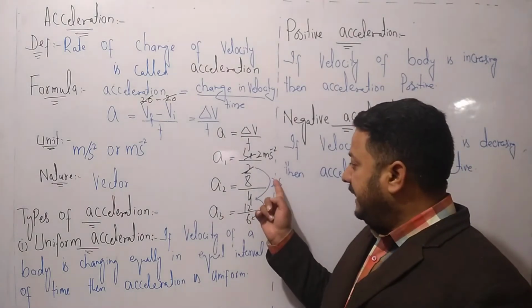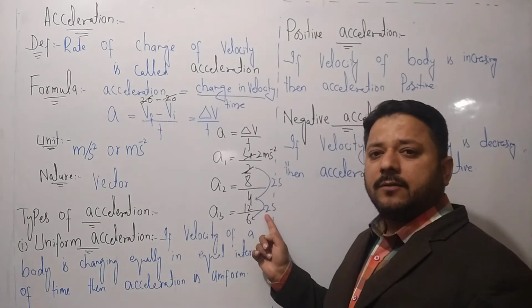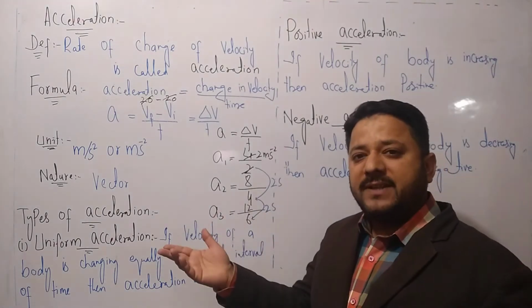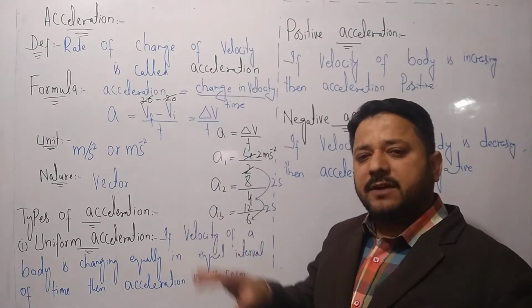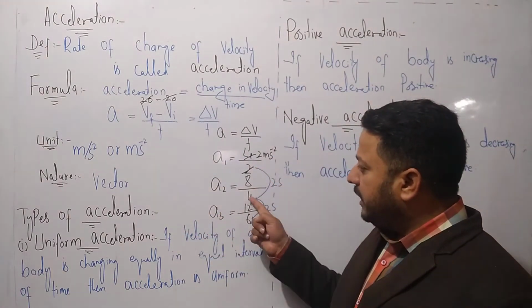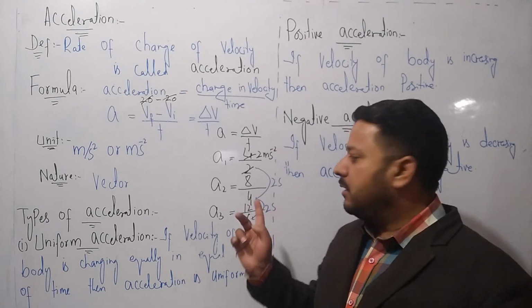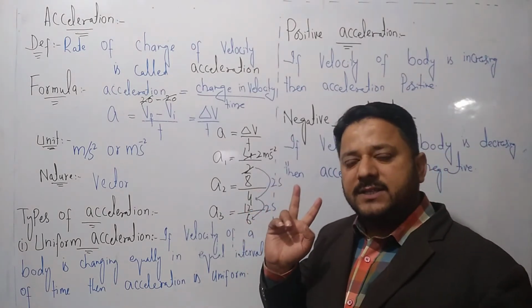So these intervals are equal. Now we will check that velocity is also changing equally in these intervals, because the time interval from here to here is 2 seconds, and from here to here is again 2 seconds.